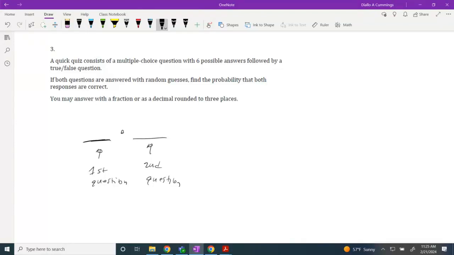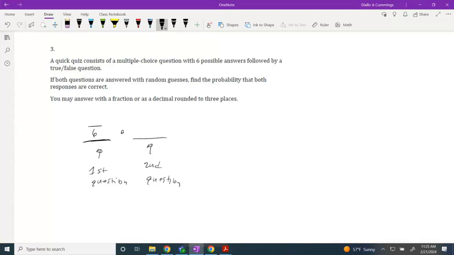Now we must figure out the probability of the first question being answered correctly. If we think about the classical approach to probability, what's going to be my denominator? What I mean by that is, how many answer choices are there to choose from? 6, so the denominator is going to be 6.